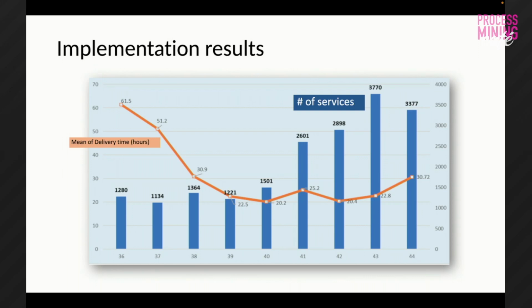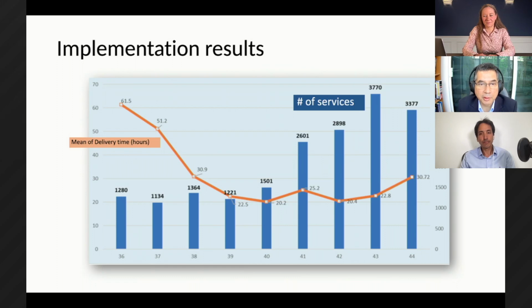And of course, for this particular specialty, we were very interested in the number of services that we have. We have a seasonality that goes on the months of October and November. And every single year, we have an increase on the demand.